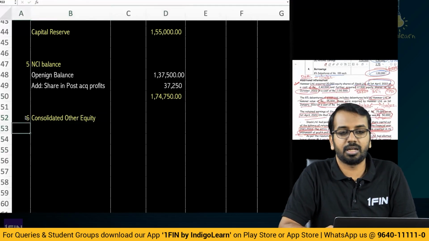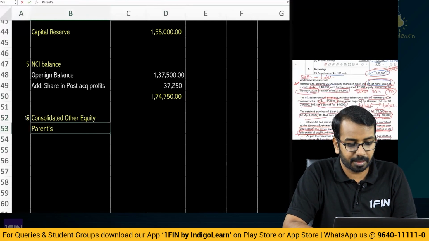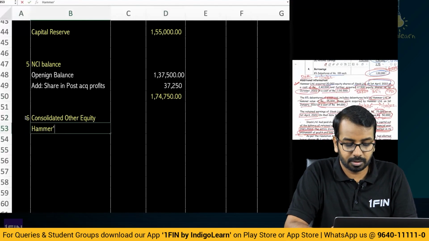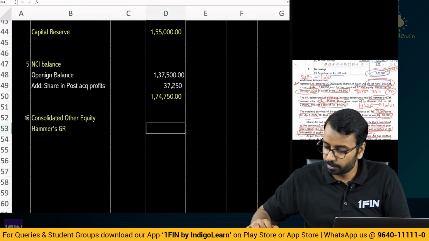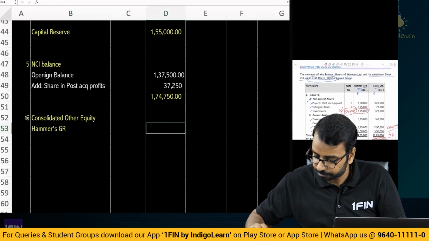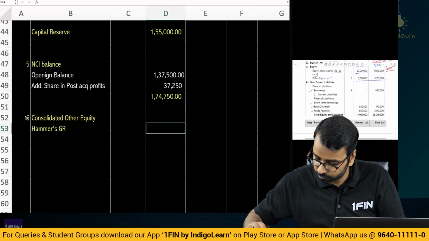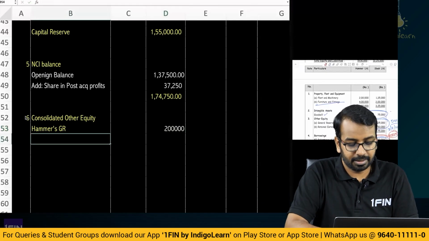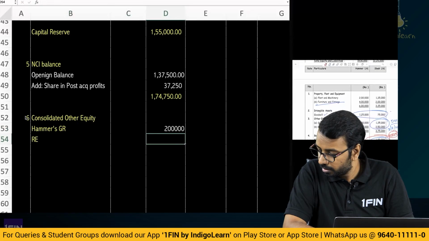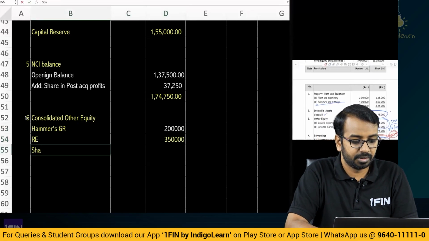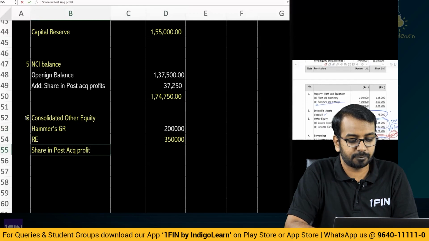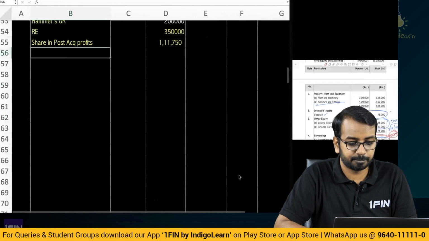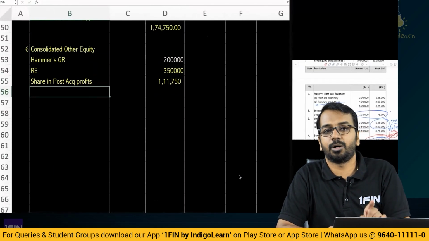As far as consolidated other equity is concerned, we will take the parent's 100%, Hammer's general reserve from the balance sheet, two lakhs, then retained earnings 3,50,000, and share in post acquisition profits 1,11,750.